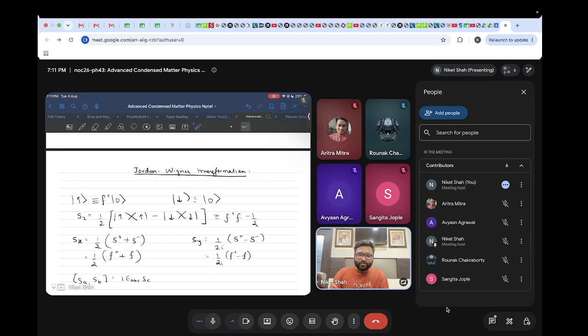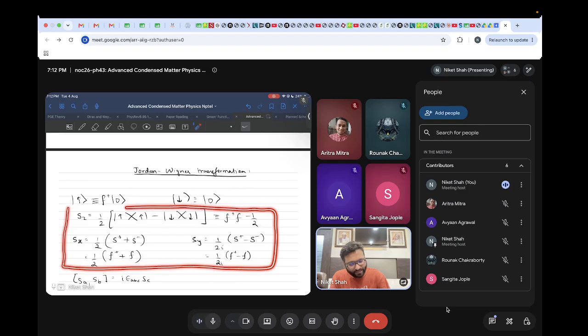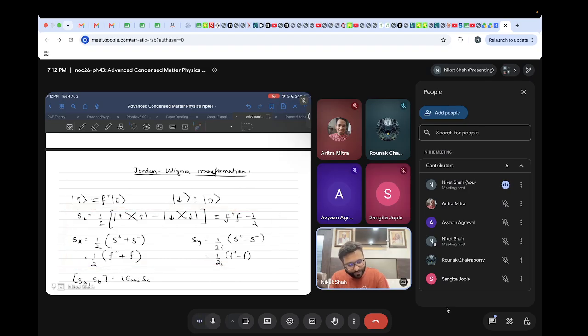So here there is a direct correlation between a fermionic operator and spin operators. And similarly, you can write down Sz and Sx and Sy, all operators in this manner. Let me just copy this and write it down.